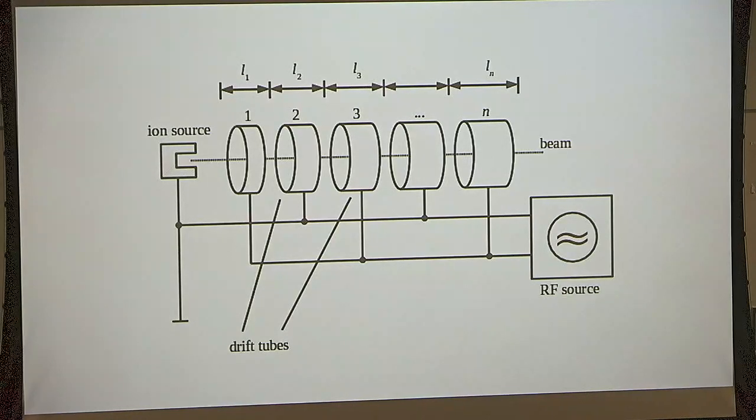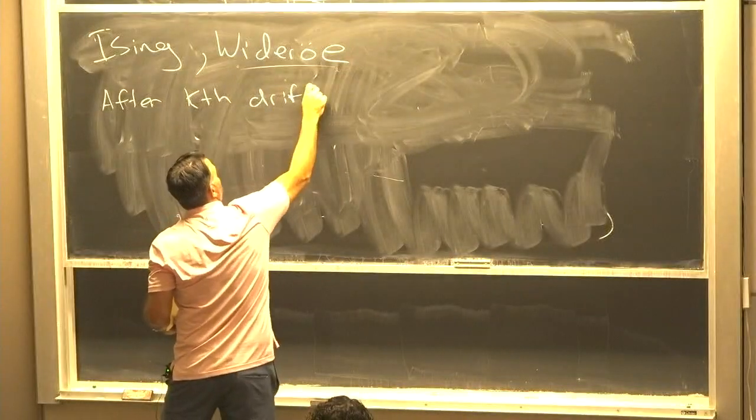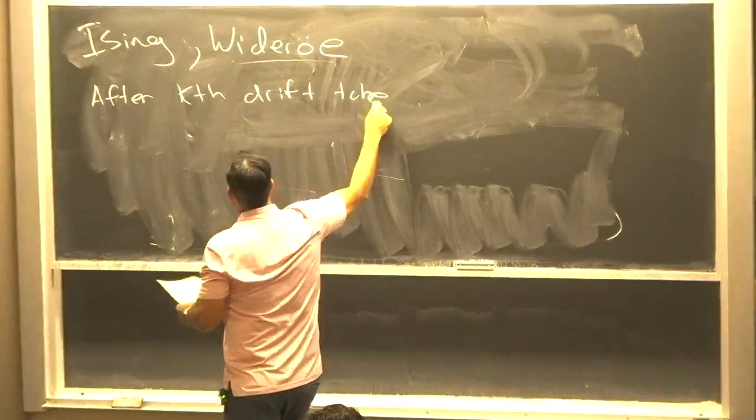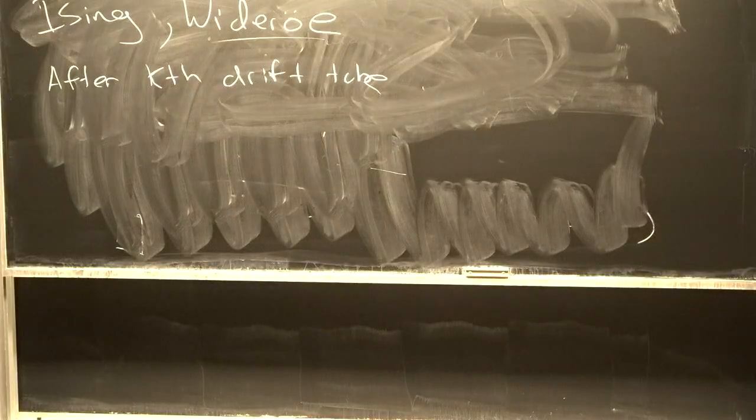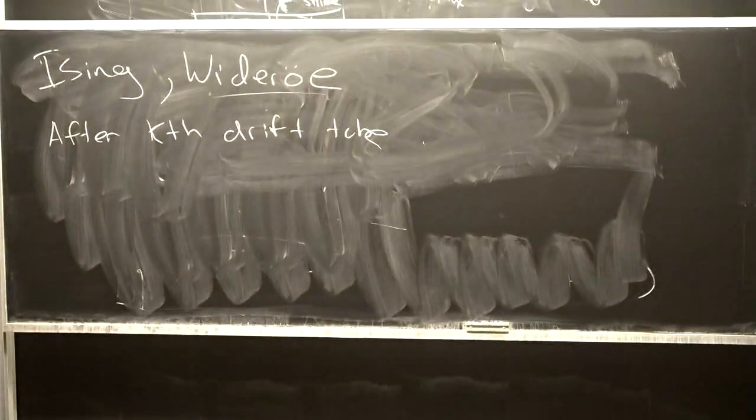And in principle, what it allows us to do is, if I think of going through all these drift tubes, then after the kth drift tube, what will I have? Well, if I'm only seeing the positive parts of the potential, I'll always see the same U max times the sine of the phase that I see.